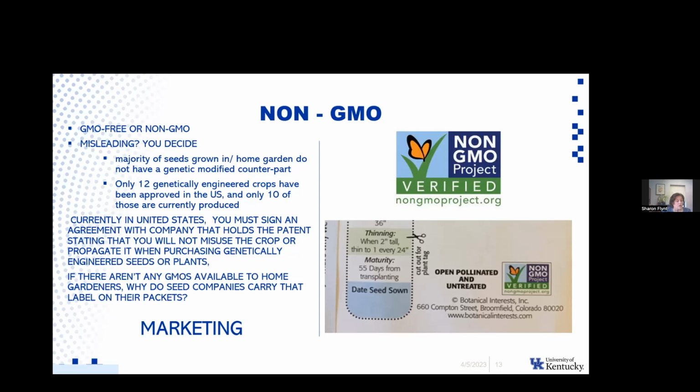And really, there are only about 12 genetically engineered crops that have been approved for use in the US, and only about 10 of those are currently produced. And all of those are for commercial crops, like soybeans, cotton, and a few other things, seeds that can be used commercially and in big production.